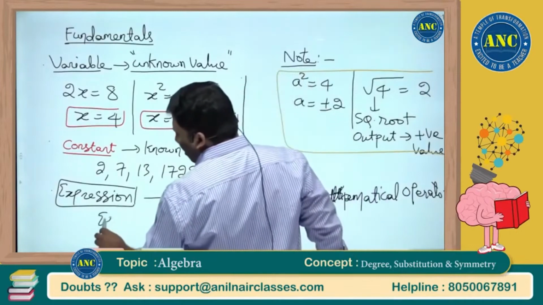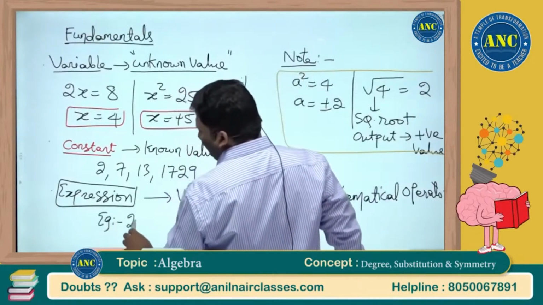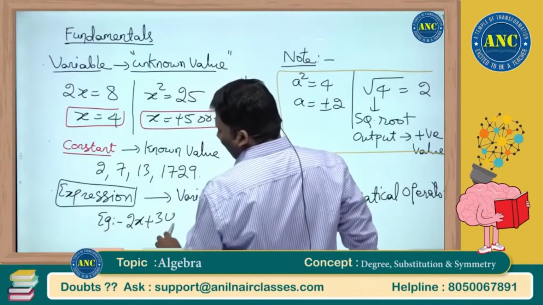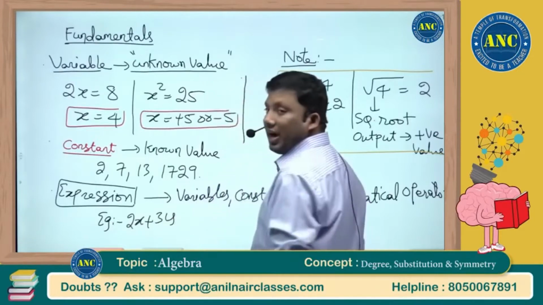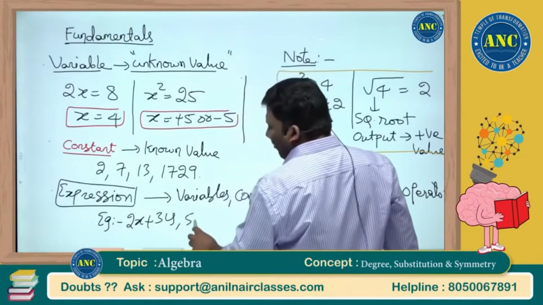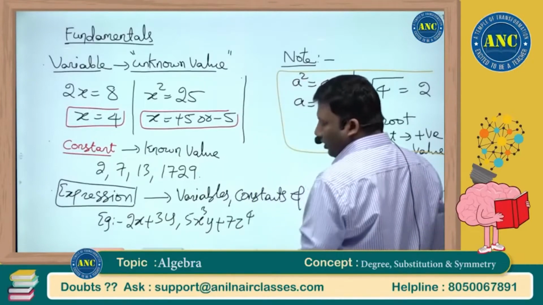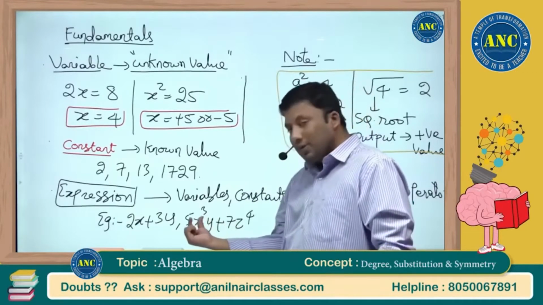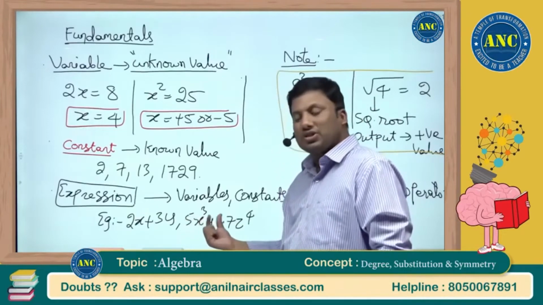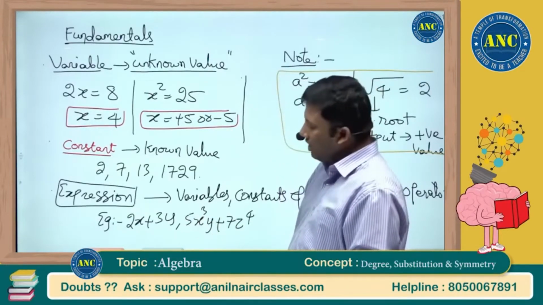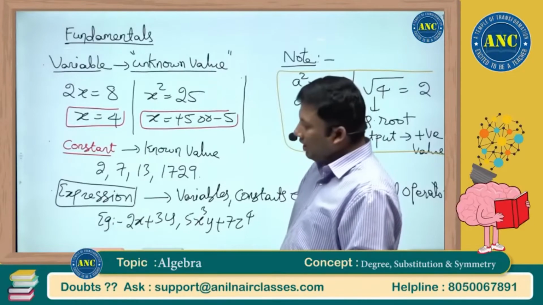For example, 2x plus 3y. It is a combination of variables, constants, and mathematical operators. 5x cube y plus 7z power 4. It is a way of expressing by using variables, constants, and mathematical operators.